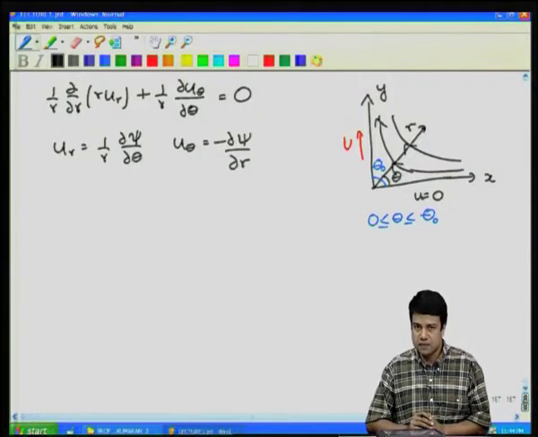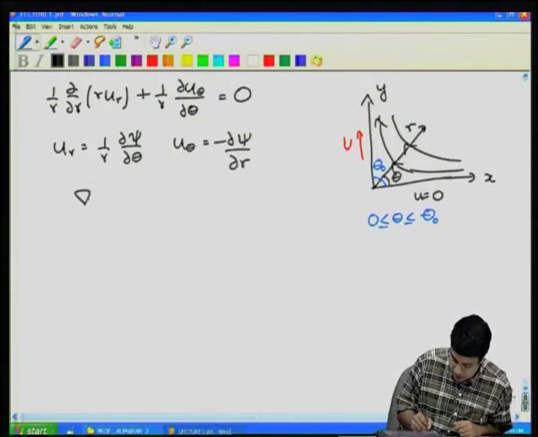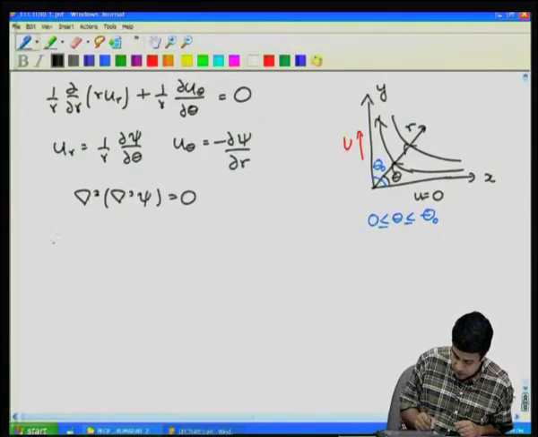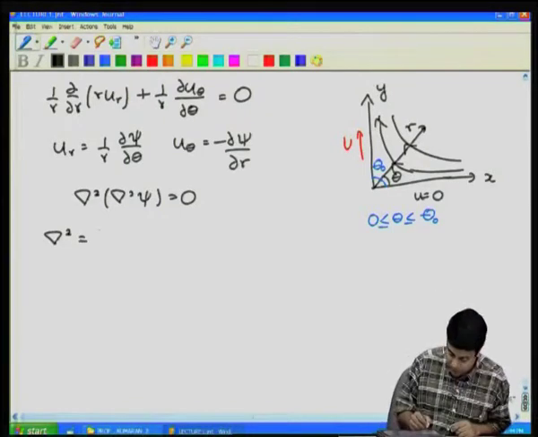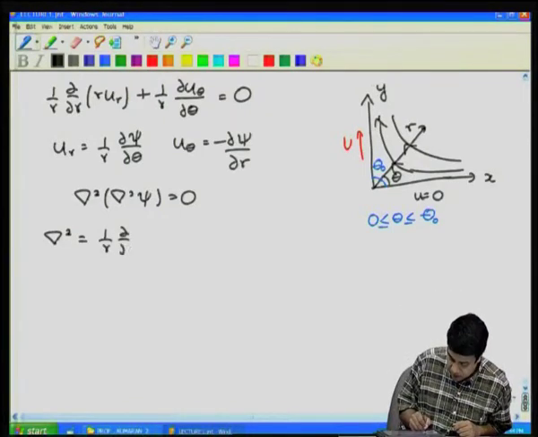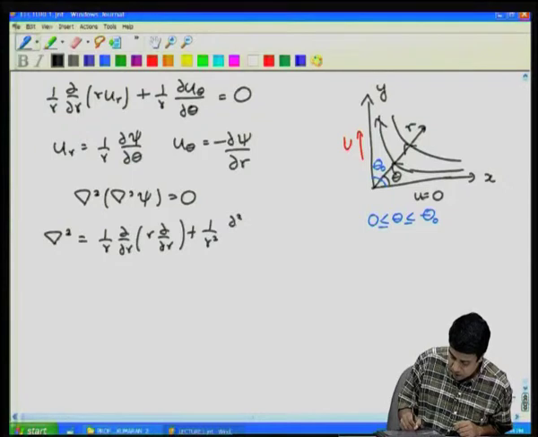So, once again in terms of this, the biharmonic equation for the stream function becomes del square del square psi is equal to 0, where this operator del square in the polar coordinate system is 1 by r d by dr of r partial by partial r plus 1 by r square partial square by partial theta square.